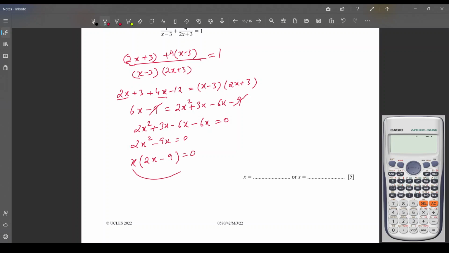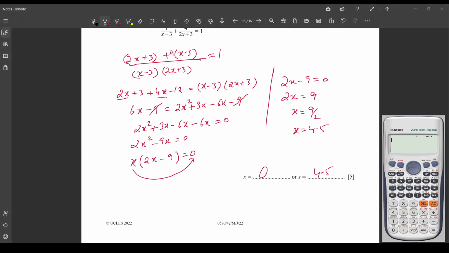So one value of x equals to 0, and the other value of x should be 2x minus 9 equals to 0. So 2x equals to 9 and x equals to 9 by 2, so x equals to 4.5. So two values of x are 0 and 4.5.